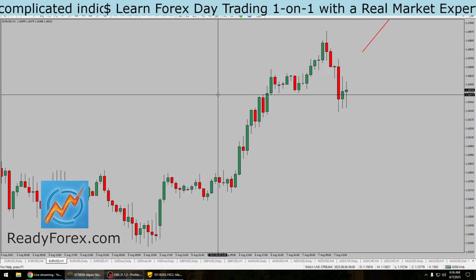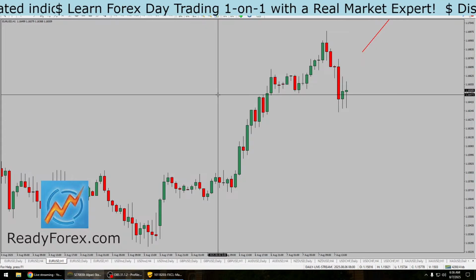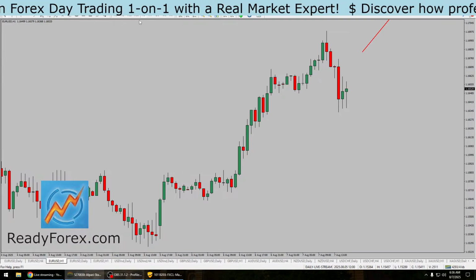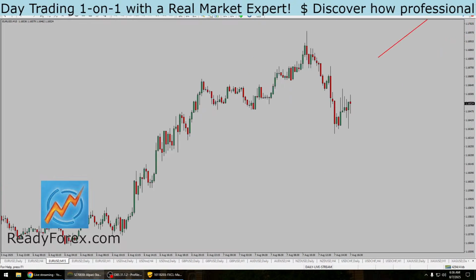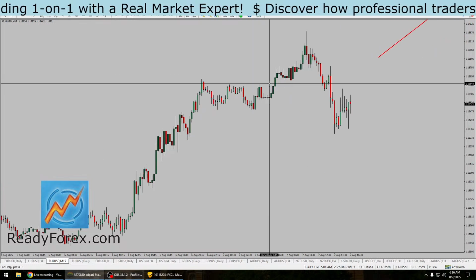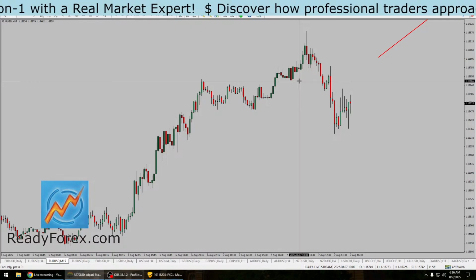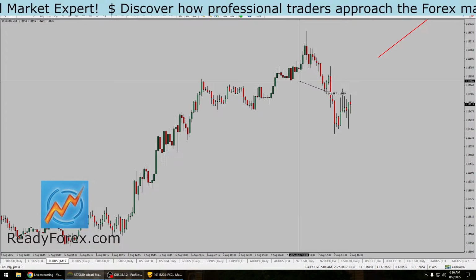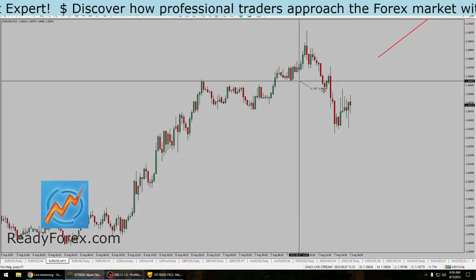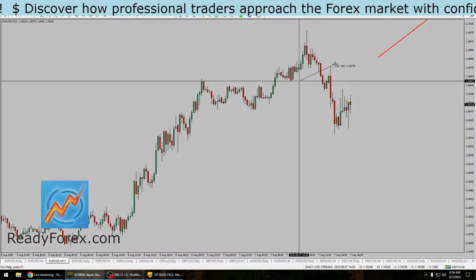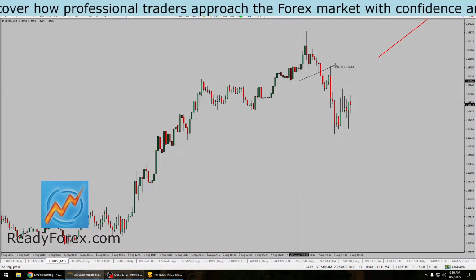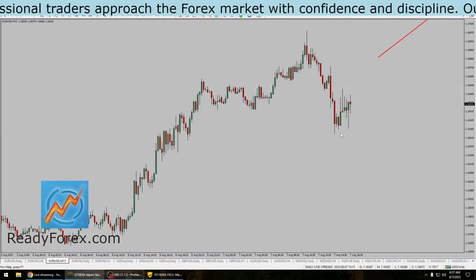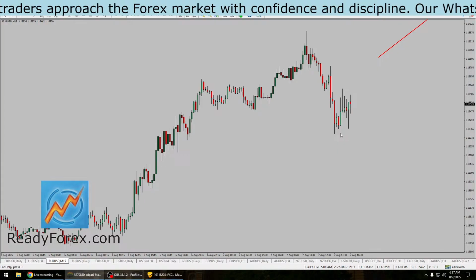Okay, we got this drop in price action over here, but this is just one candlestick close. Let's see what's going on in the 15 minutes time frame. Okay, in the 15 minutes chart we got this breakdown over here, and it took out this old swing low, rallied up, and then we got a new low in price action of the euro dollar currency pair.